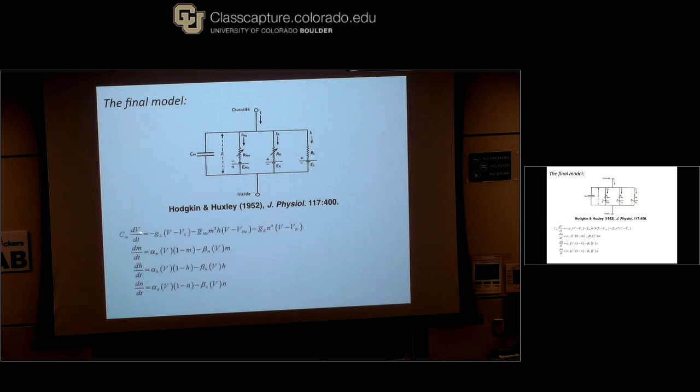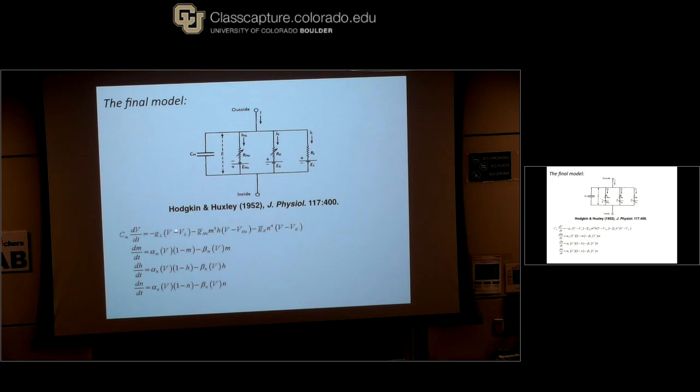So here's your equation, and as promised, capacitance times dV/dt is all of these terms. V equals IR, so we've got capacitance, G is like 1 over resistance, and then here are the voltage differences between the current voltage in the cell and the Nernst potential of that ionic species. There's a leak potential, a sodium potential, a potassium potential.